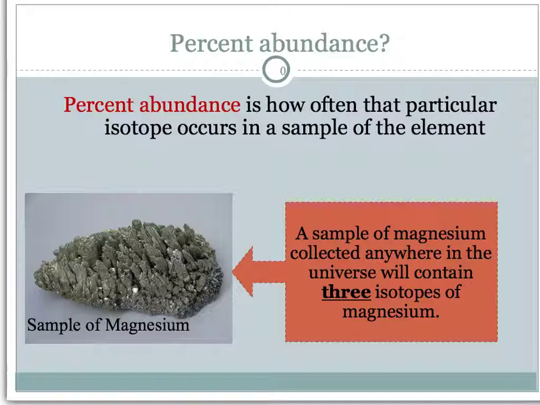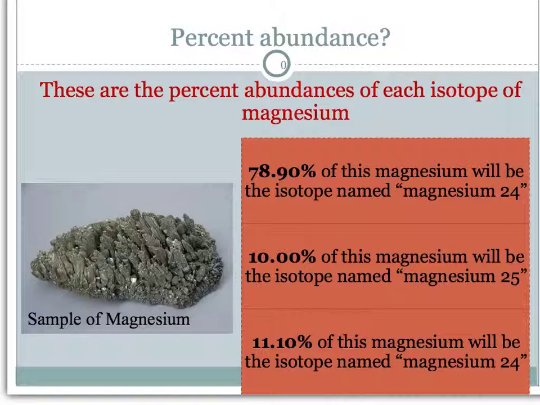What we're looking at in this picture here is a sample of magnesium. A sample of magnesium collected anywhere in the universe is going to have 3 different isotopes of magnesium. These are the percent abundances of each of the magnesium isotopes. 78.9% of magnesium will be magnesium 24, which is the magnesium that would have 12 neutrons.